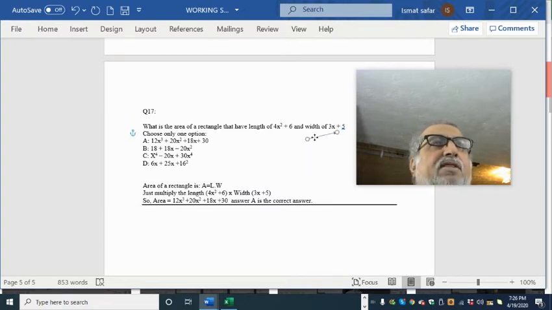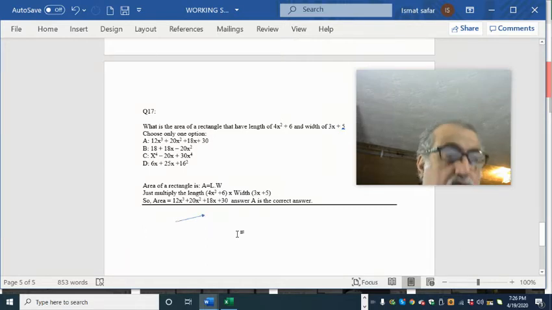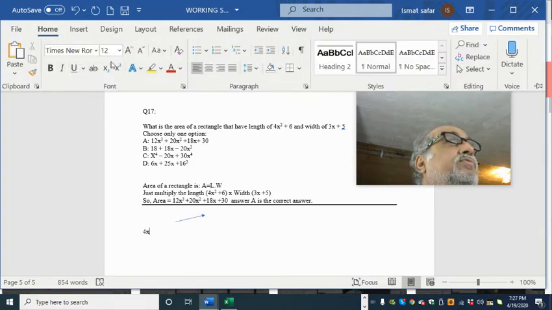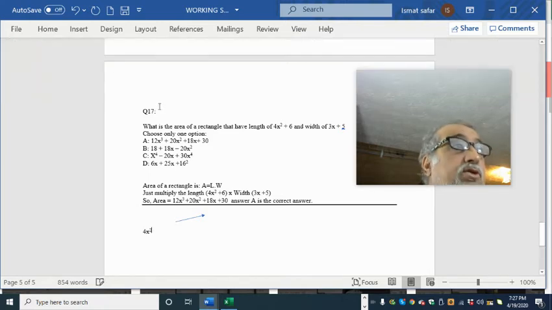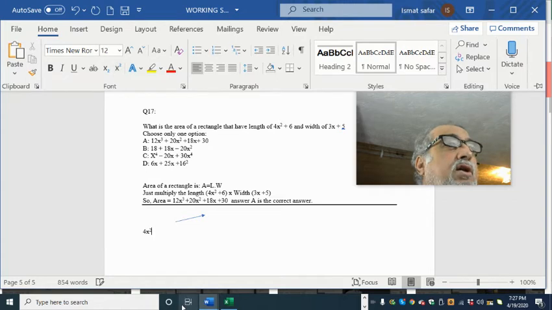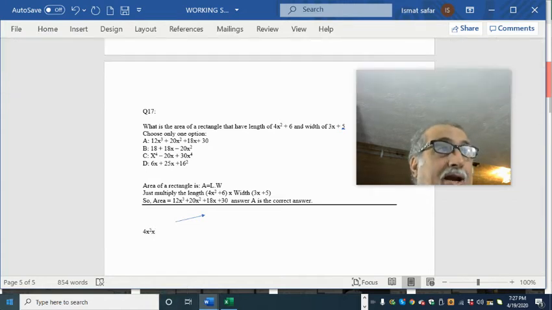So we just multiply both of them. 4x squared plus 6, times the width, 3x plus 5.